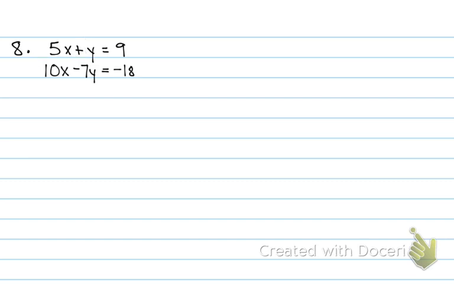So here's my point. I can multiply the first equation by some number that will make my x term the opposite of 10. What could I multiply 5 by to make it the opposite of 10? -2.